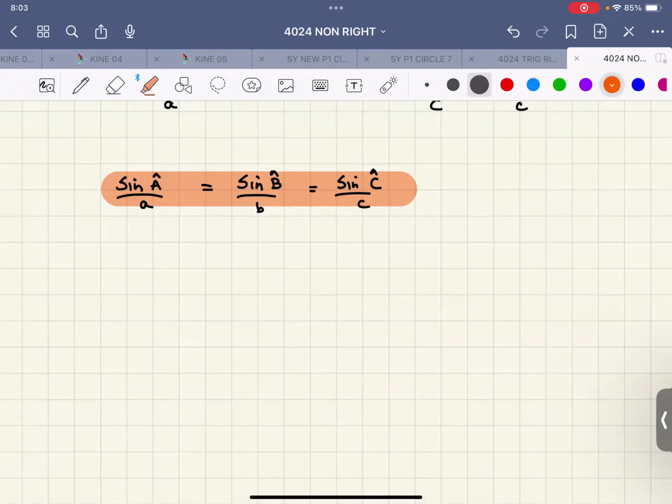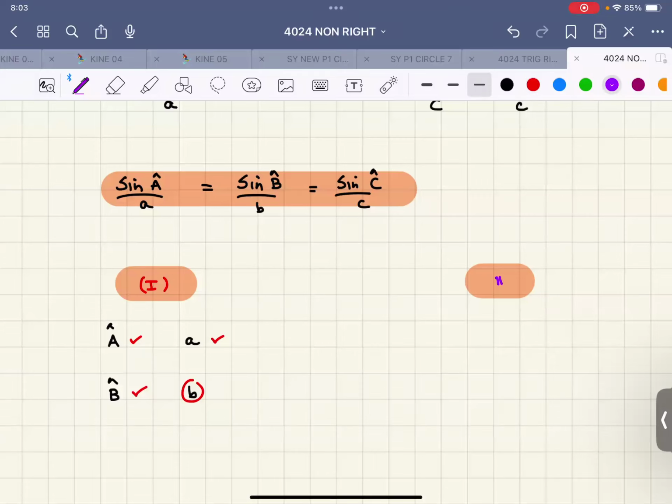Now, what is the scenario? The scenario is there are two possible options. I'm given angle A, side a, angle B, side b. If this is given, this is given, this is given, I can find this. So this is one option.